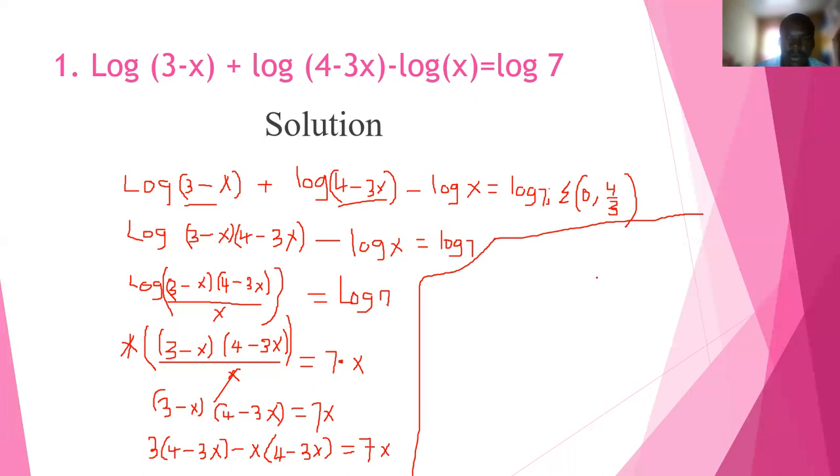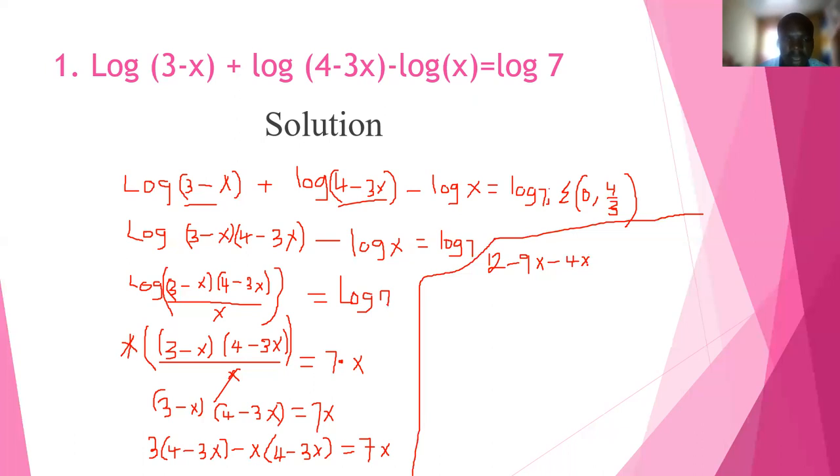3 times 4 is 12. Minus 3 times 3x is 9x. Minus 4 times x is 4x.